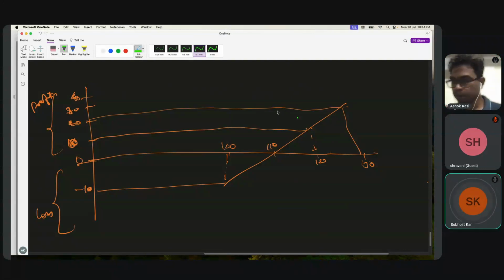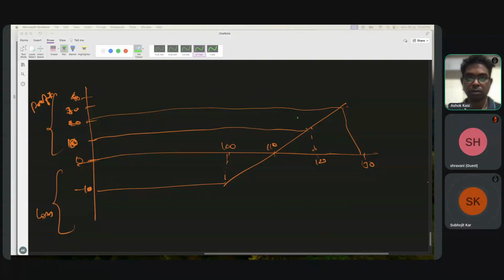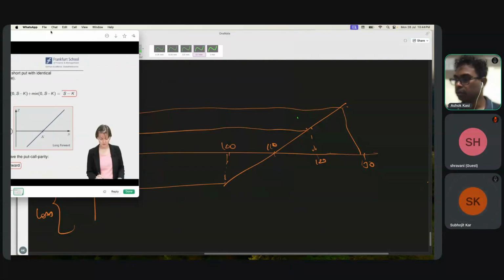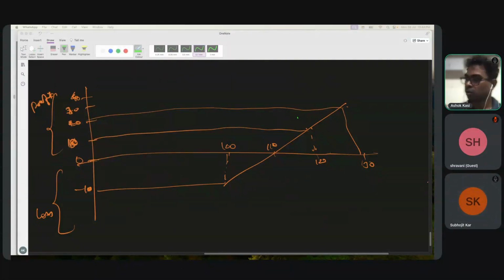And they've said long put, right? No, short put. See, they've also made a graph of long put. So long call and then short put is like this. The graph in the middle is of long put, right?